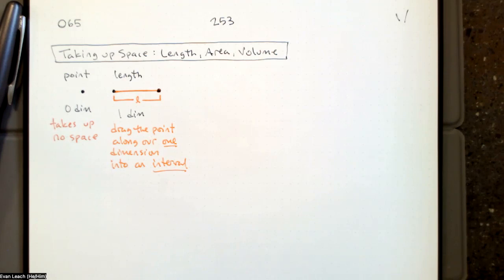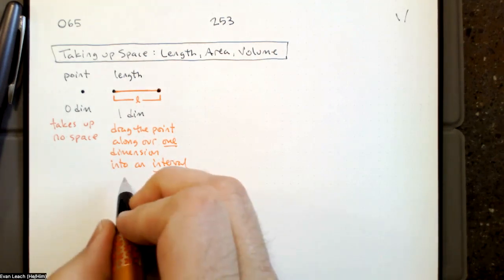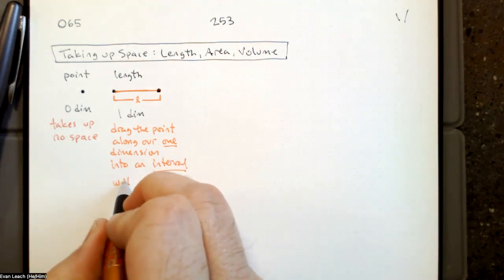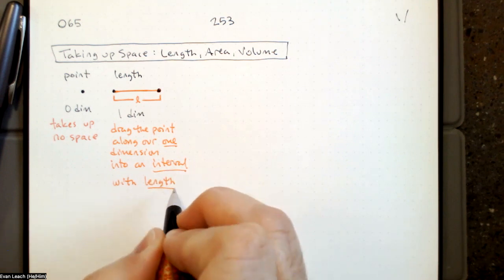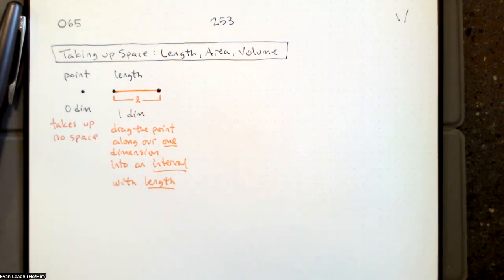The space that the interval takes up is its length. Then we just repeat this game by adding more dimensions.